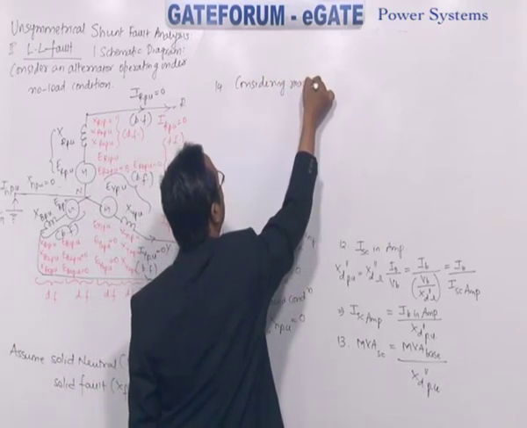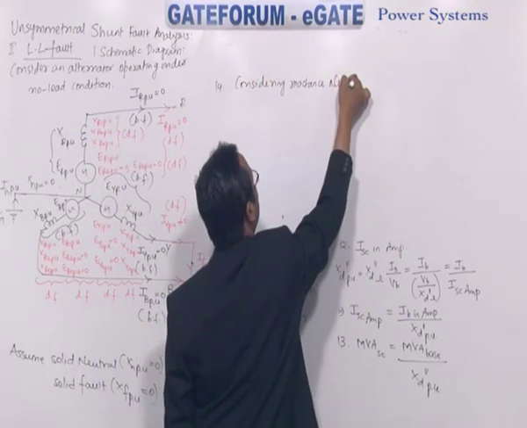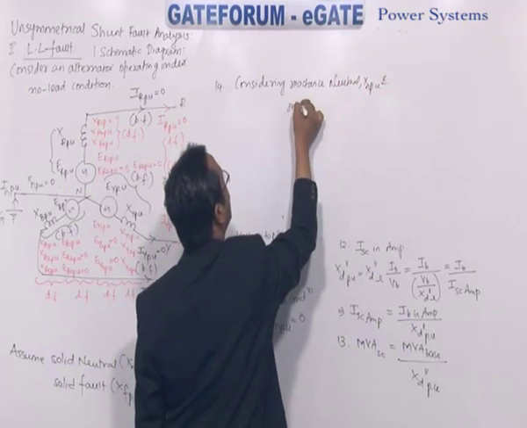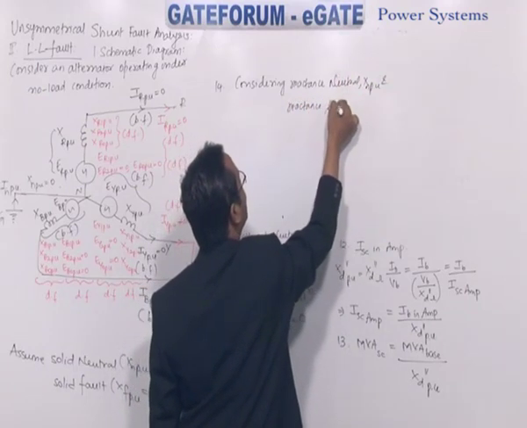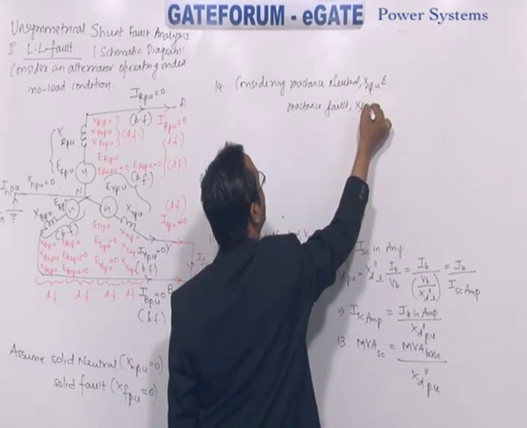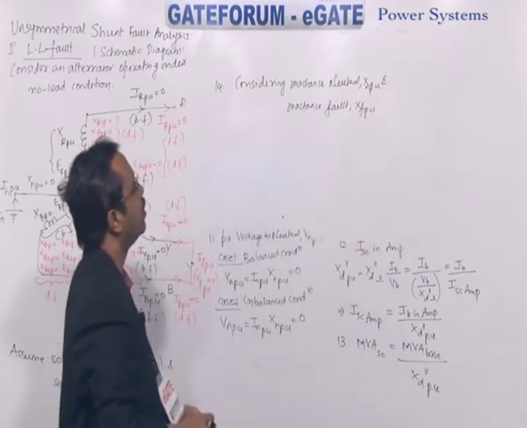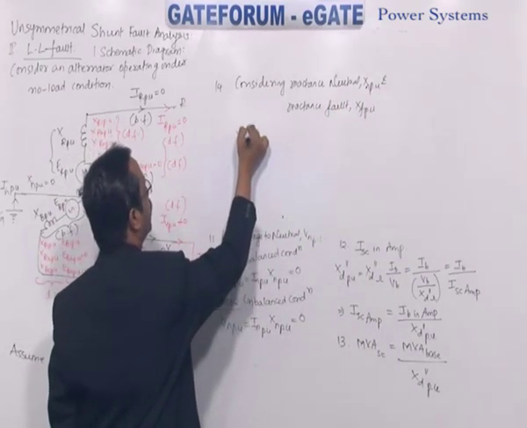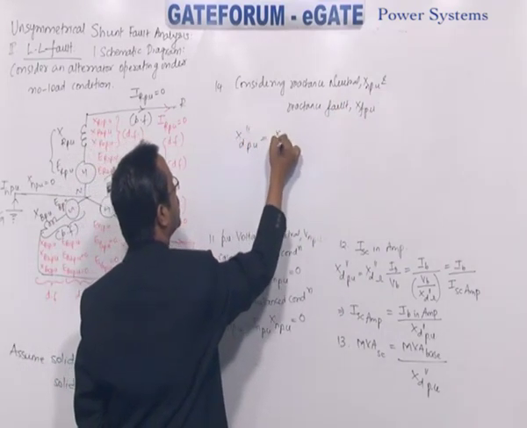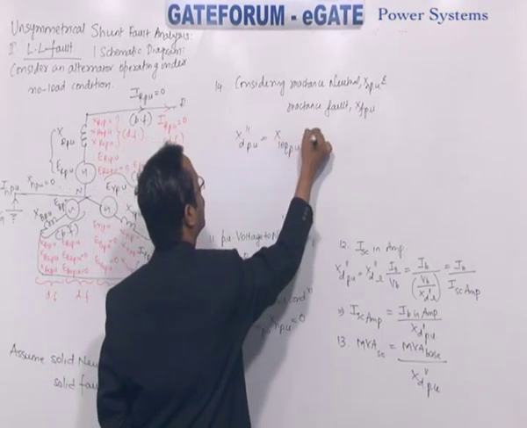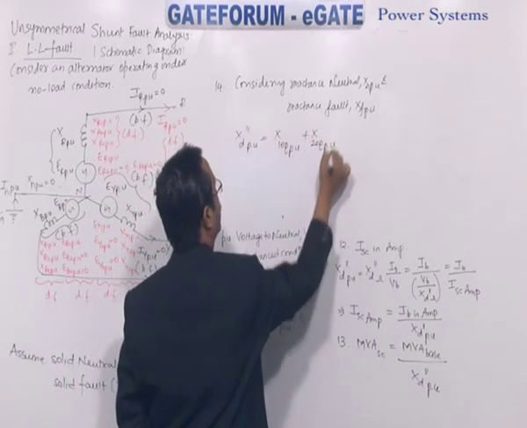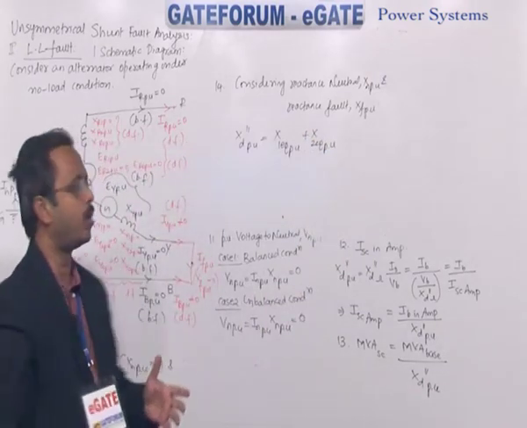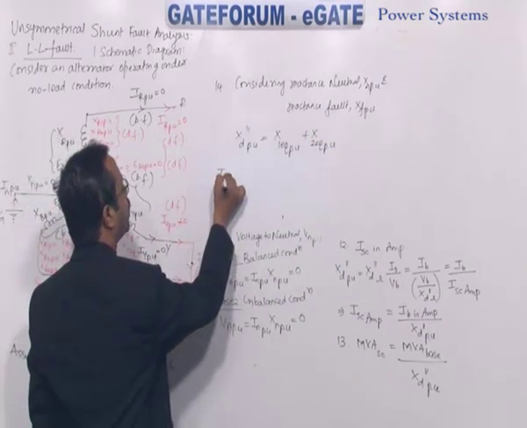Considering reactance neutral and reactance fault. First you write the formula of XD double dash per unit. What is it? X1 equivalent plus X2 equivalent. Now IR naught per unit, how much for LL fault?